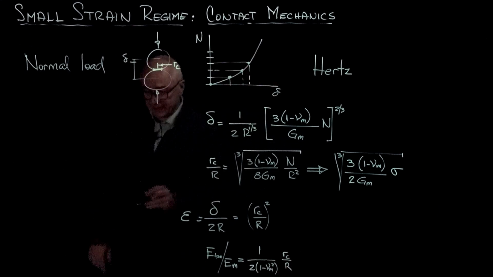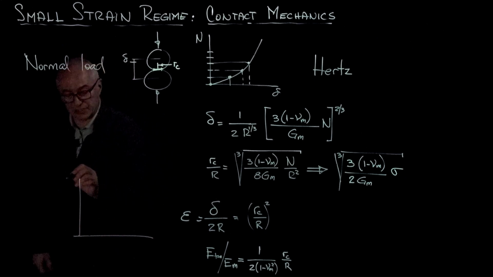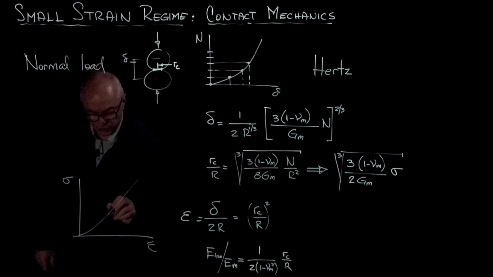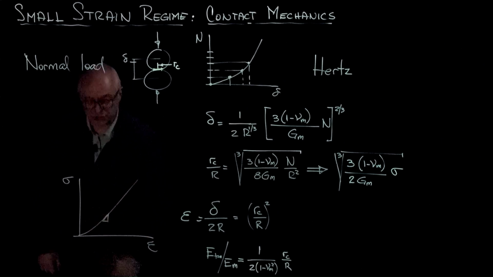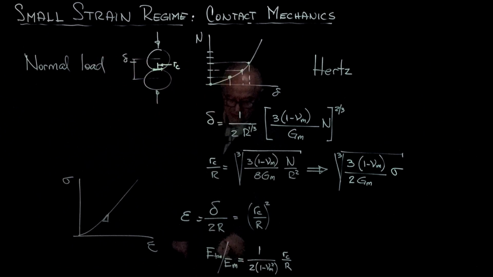Now, once I have done that replacement, what I'm really saying is I'm talking about stress versus strain, and I wonder what the tangential stiffness is at any point. The tangential stiffness normalized by the stiffness of the material that makes the grain, the mineral stiffness, is related to the size of the contact, which is related to the applied stress.